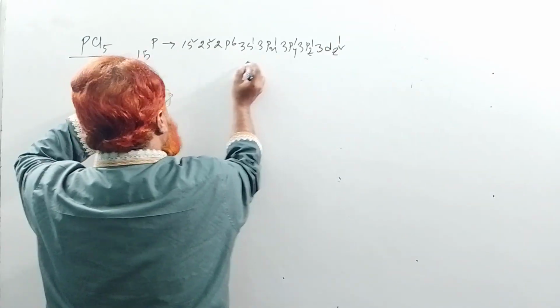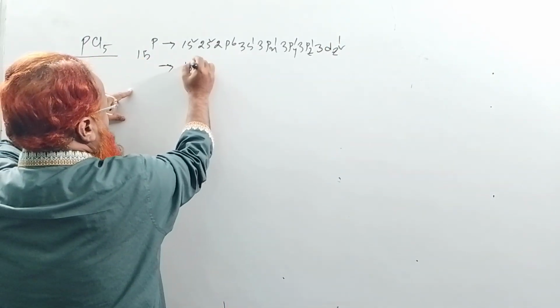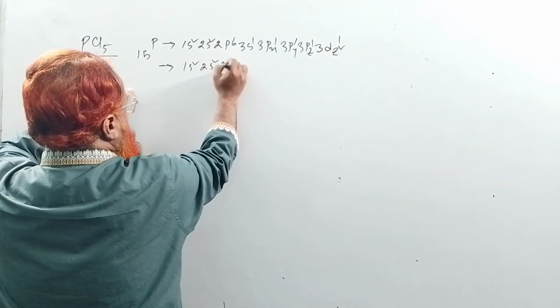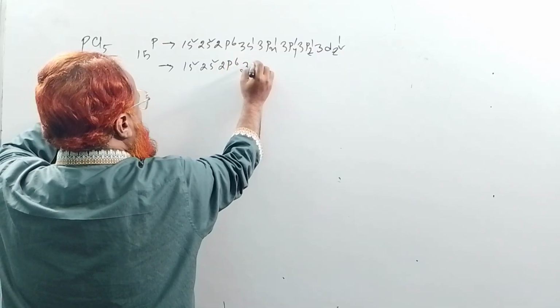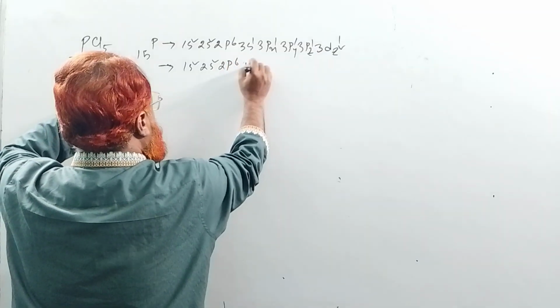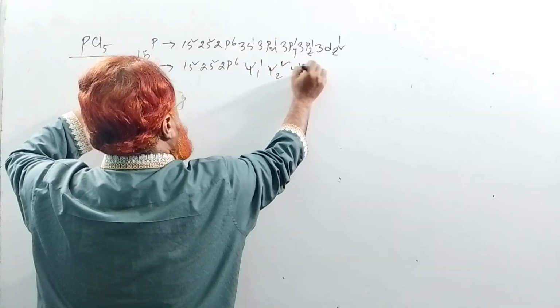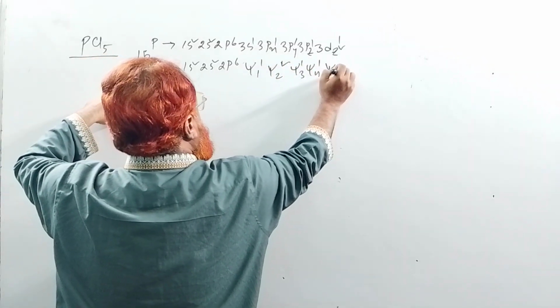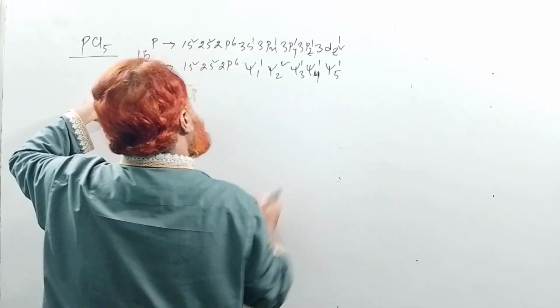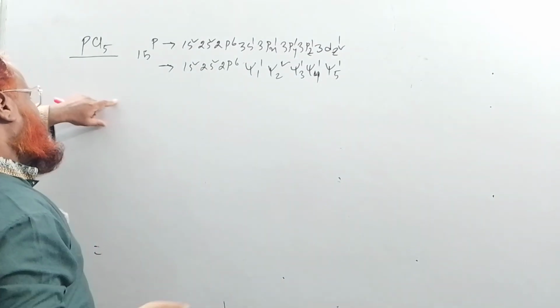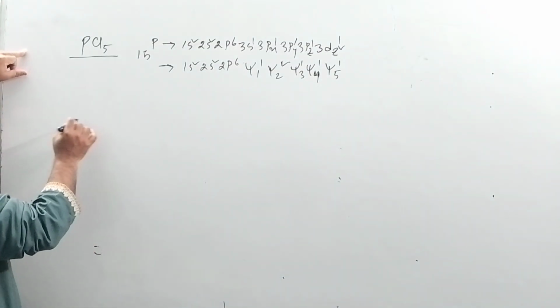Okay. Now 5 hybrid orbitals will be produced in case of phosphorus.